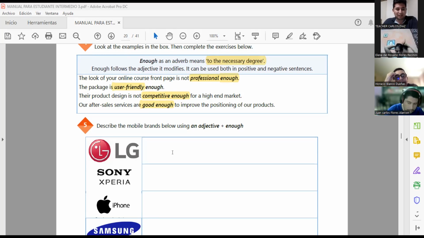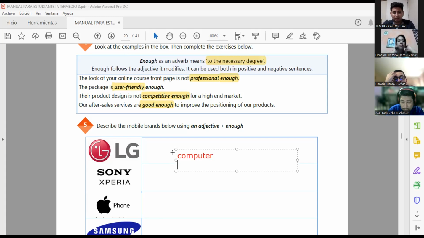Estoy pensando que, bueno, a computer. Let's see, a computer. Please, I need a computer. Una vez le pregunté a Rebeca, I need a computer. I need a computer for editing videos.